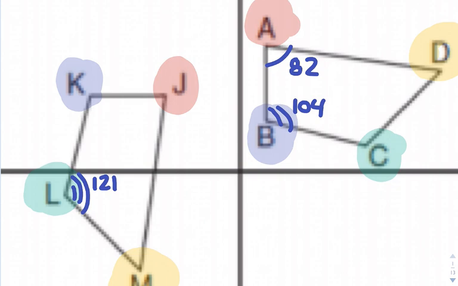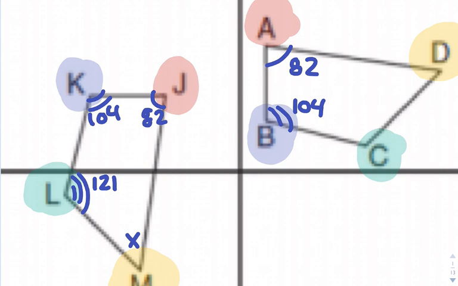However, I'm trying to find angle M. In addition, I know that corresponding angles are congruent, so angle J is also 82. Angle K is 104. I see JKLM is a quadrilateral, which means it has 4 sides.